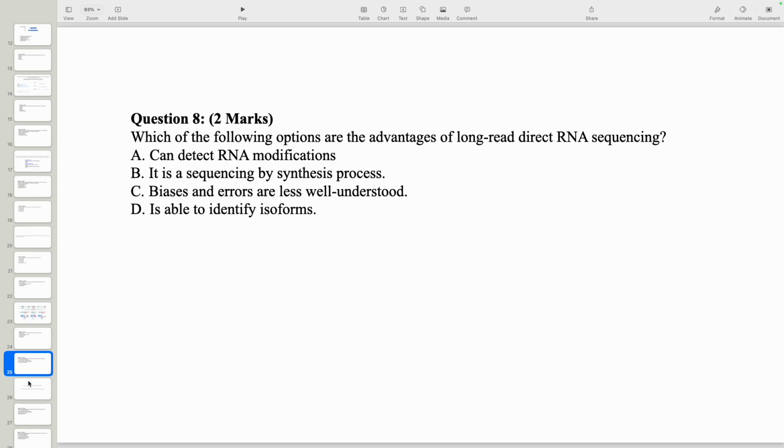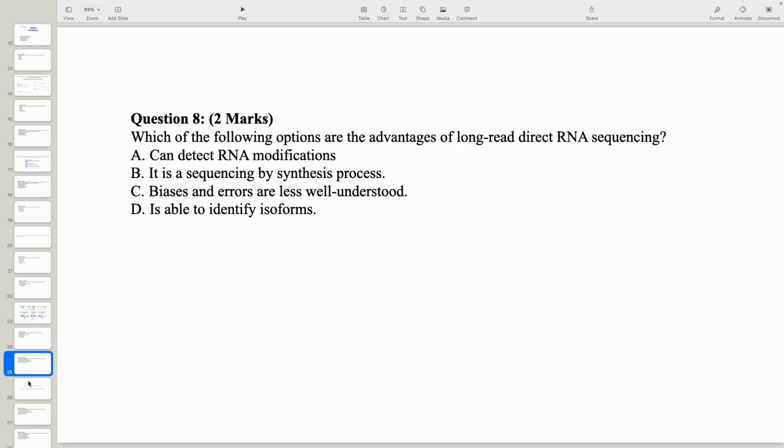Okay, so long read direct RNA sequencing is generally done with Oxford Nanopore, and here we are not synthesizing the complementary strands. We are directly getting the signal, from the difference in the current signal coming from the different combinations of the sequence, and trying to identify what the sequence can be.